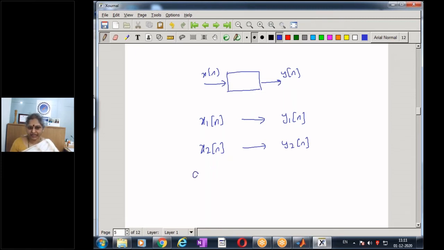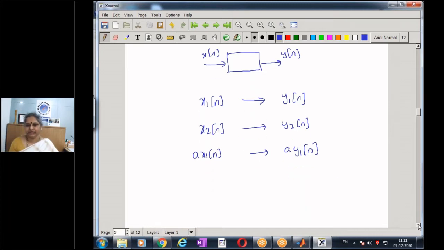If I have an amplitude scaling in my input, then I am going to get the same amplitude scaling in my output. So a times x1 of n results in a times y1 of n because of the system being linear. Similarly, b times x2 of n should result in b times y2 of n.